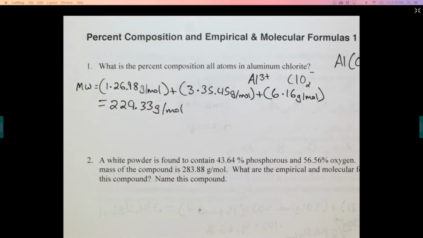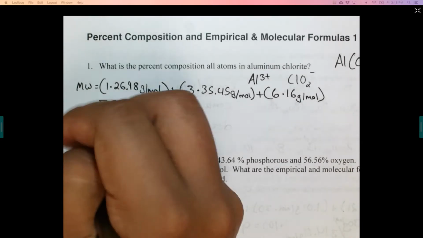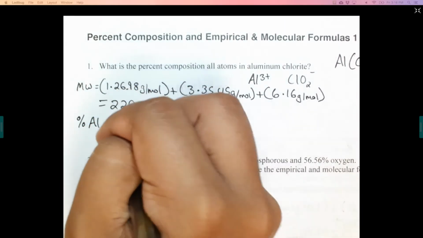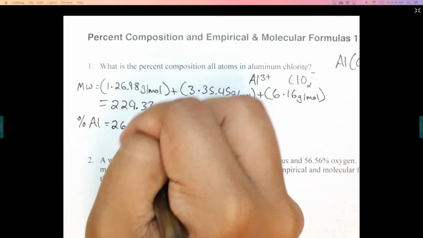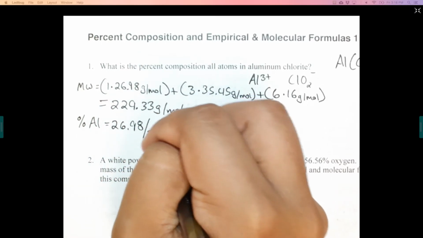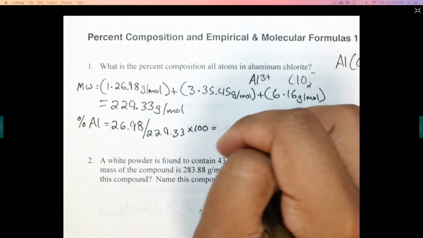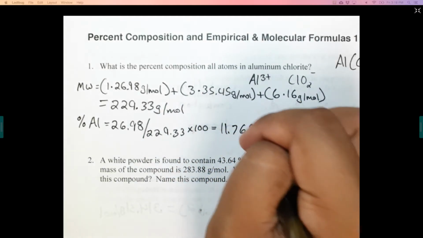But we have been asked the percent composition of all atoms, so we need to do the math on all of these. So if we do the math on aluminum, we see percent aluminum is equal to 26.98 all over 229.33 times 100, and that is equal to 11.76%.